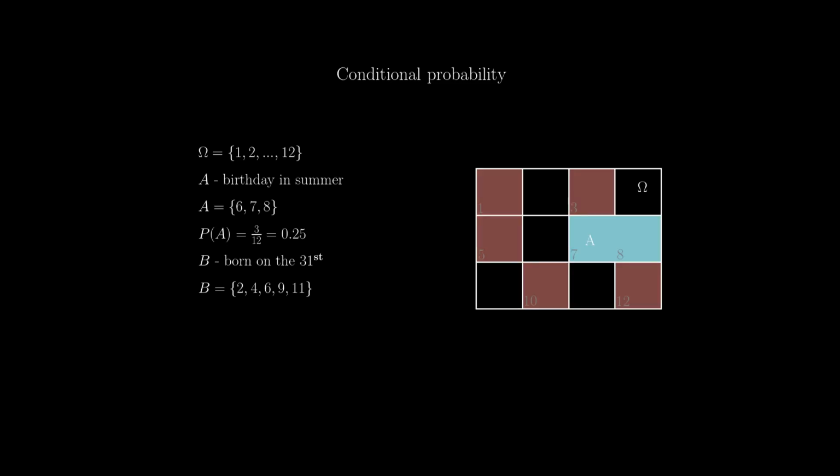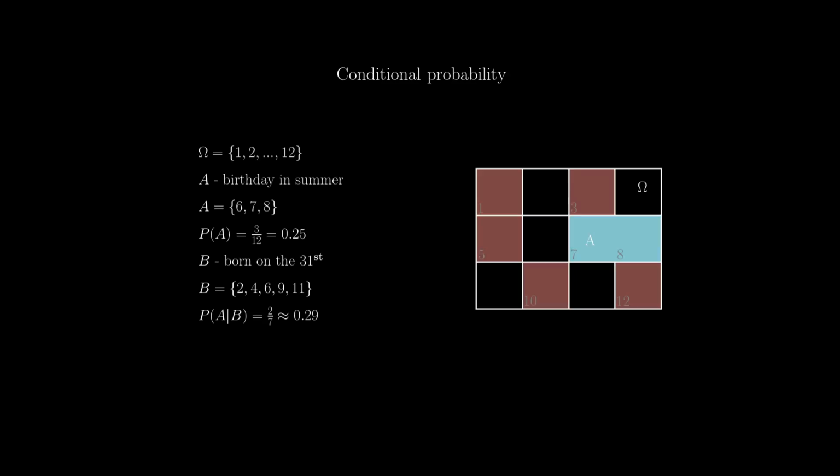For example, if we're trying to find if someone's birthday is during summer, we could say that the sample space is the set of all 12 months, so the probability would be 3 in 12, or 0.25. But if we also learn that the birthday is on the 31st, the valid candidates now are only the months with 31 days, 7 in total.